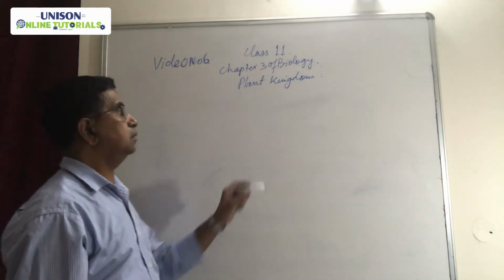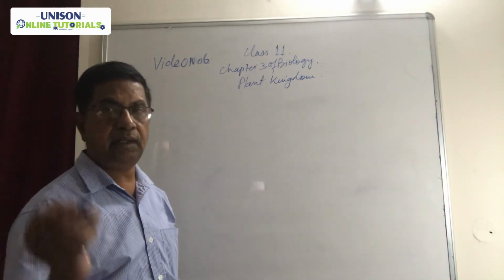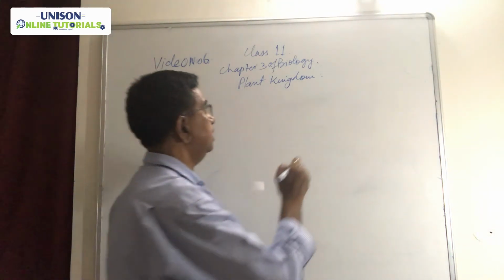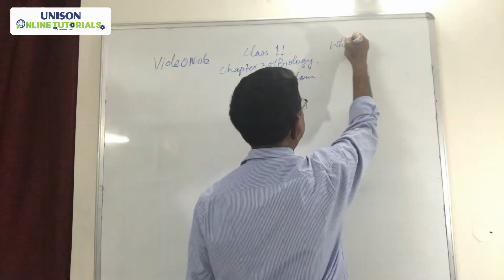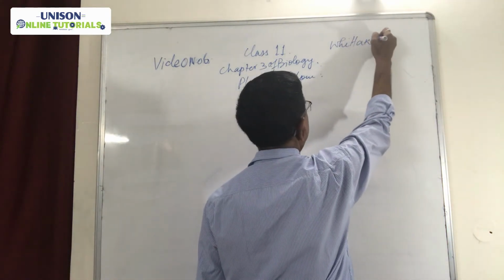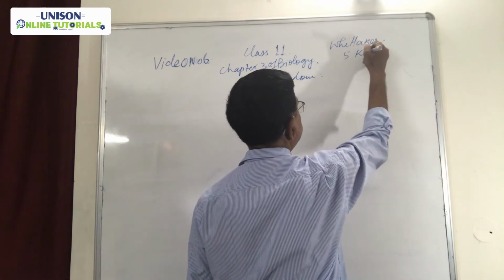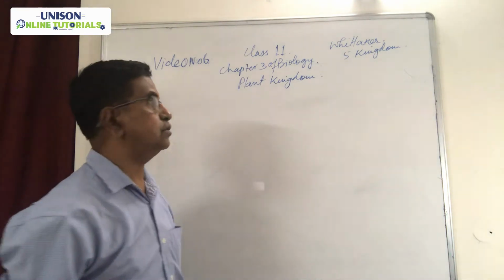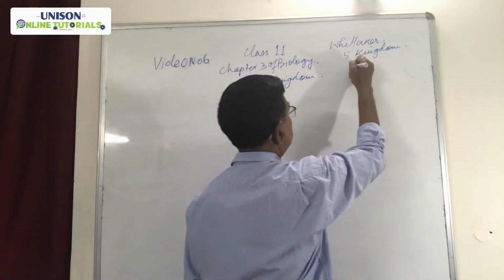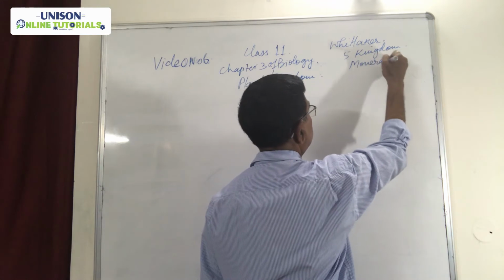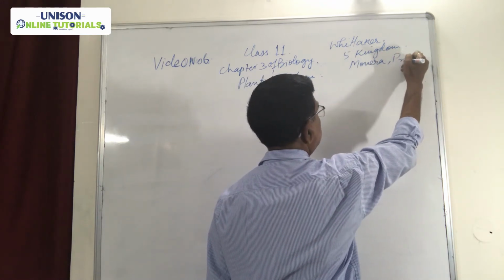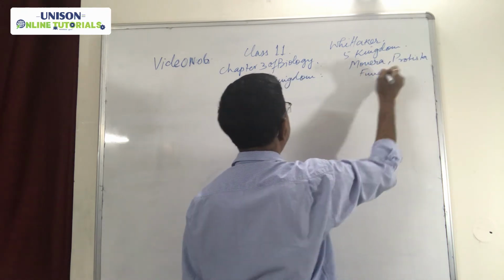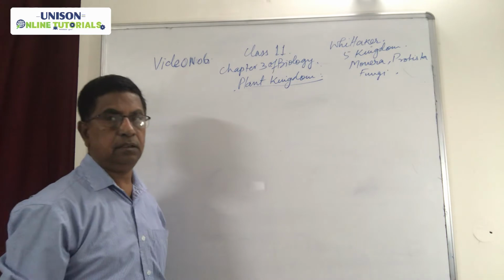So commonly it is called the plant kingdom, but as we go for the Whittaker system of classification, you know that Whittaker gave a 5 kingdom classification system. In this system, the kingdom Monera is there, kingdom Protista, then kingdom Fungi, then one of the kingdoms is the kingdom Plantae.